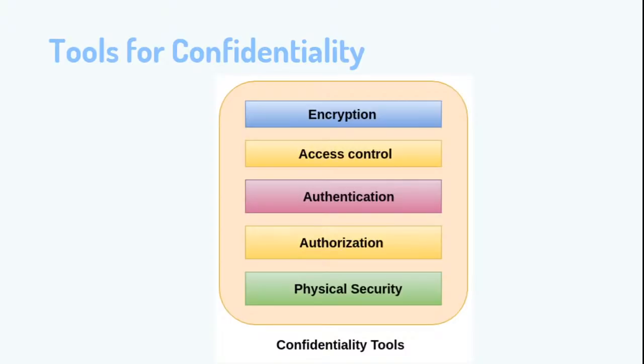That is physical security. Otherwise, if you forgot your pattern, it won't unlock your mobile phone. So we need some physical security, like Find My Phone or some other different way to unlock your phone. These are some of the tools used for confidentiality.